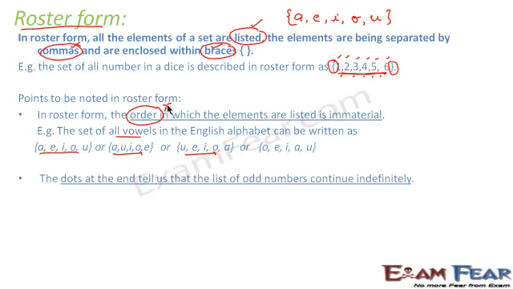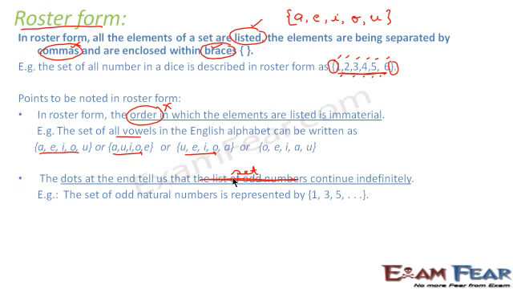Similarly, the dots at the end tell us that the set continues infinitely. For example, when we say the set of odd natural numbers, we say 1, 3, 5, dot, dot, dot.